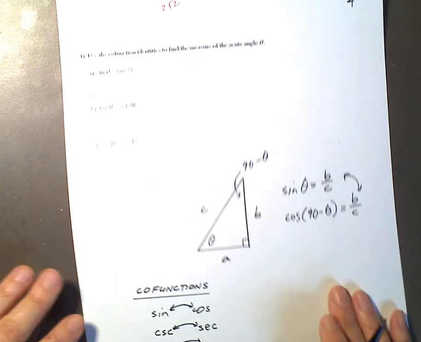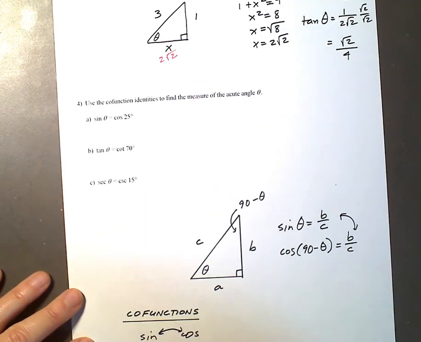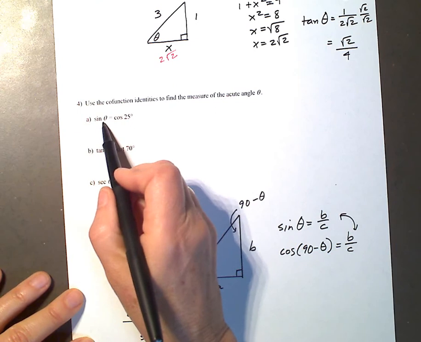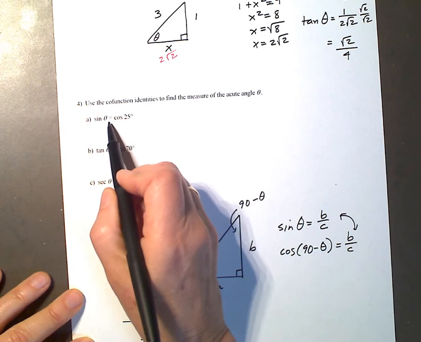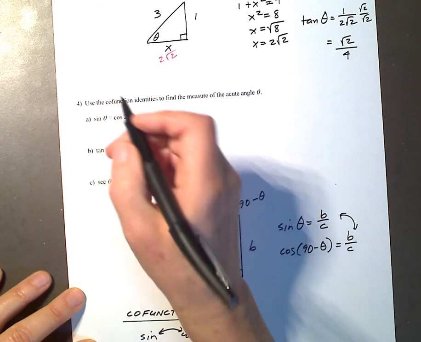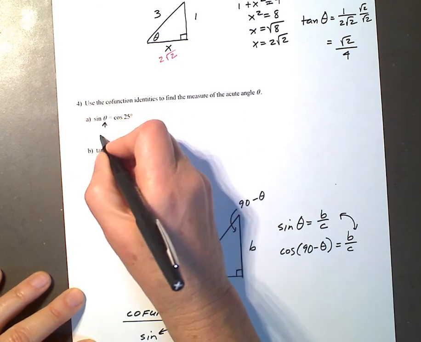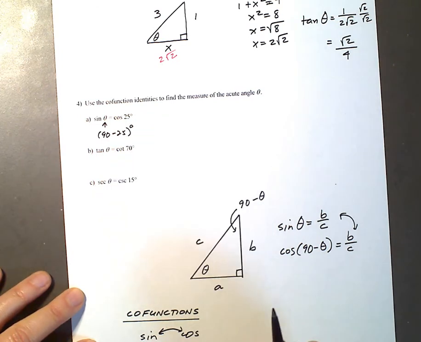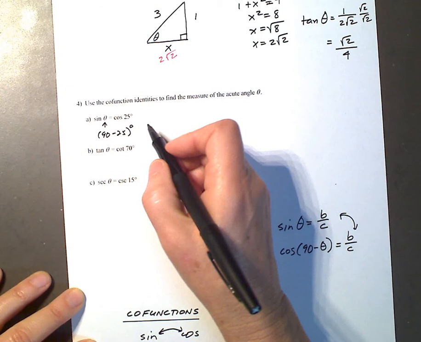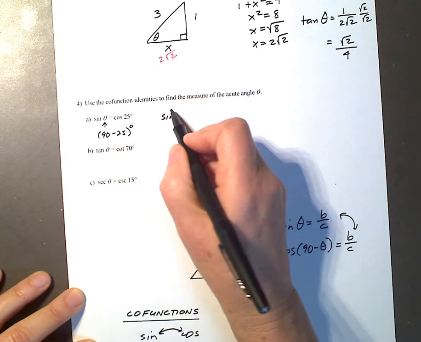So, number 4, let's say A, I want to find theta if the sine of some angle theta is equal to the cosine of 25 degrees, then this theta must be 90 minus 25 degrees. So this would be the sine of 65 degrees.